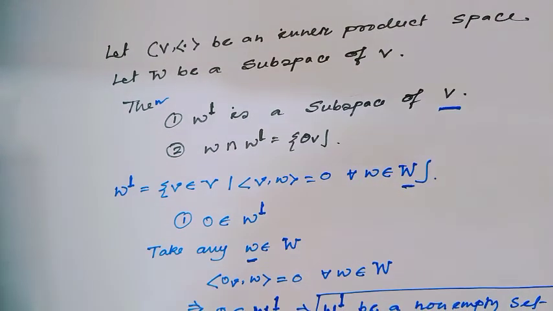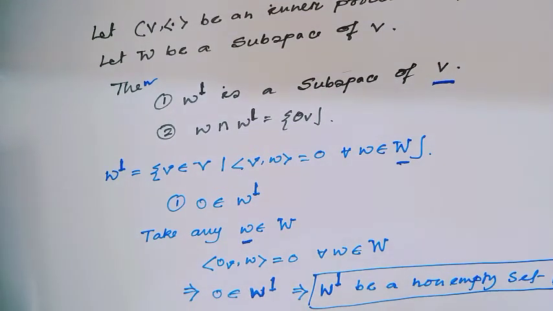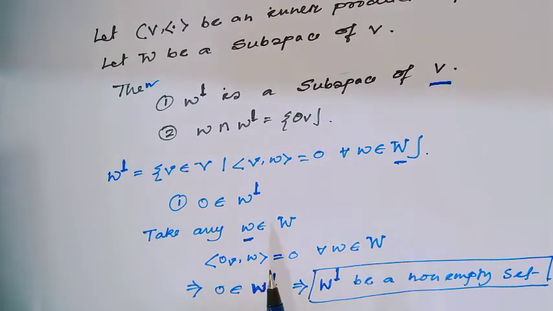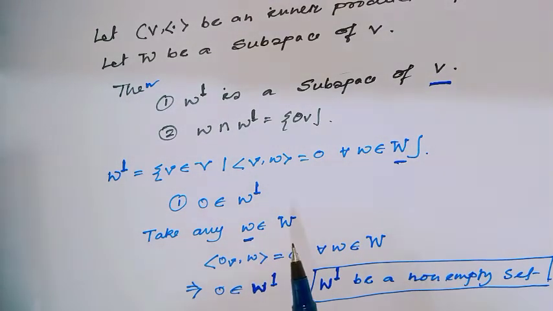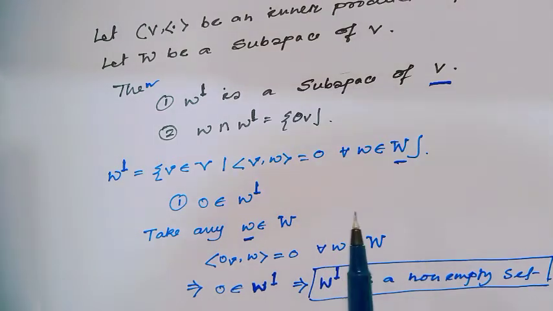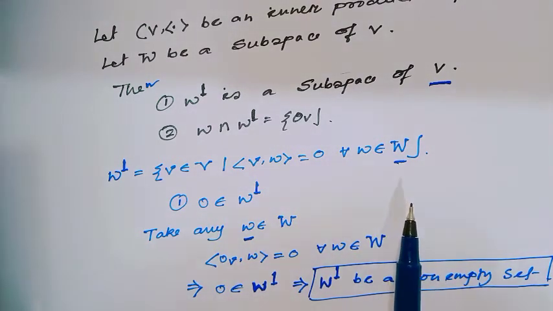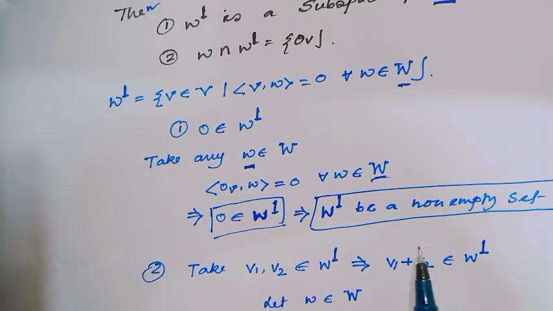The proof is as follows: we know W perp contains the set of those vectors v in the vector space V such that the inner product of v with w equals 0, where this is true for all w belonging to W. At first we have to check W perp is a non-empty set.